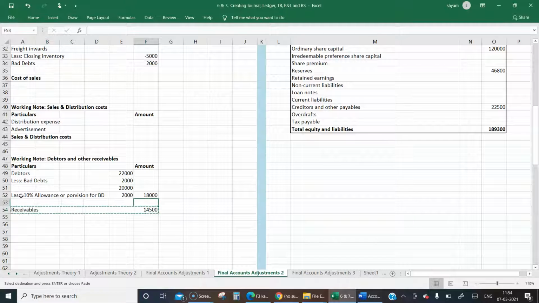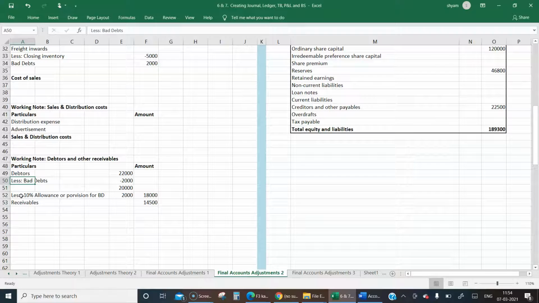So there's already receivables available. So the total of this account would be 32,500.